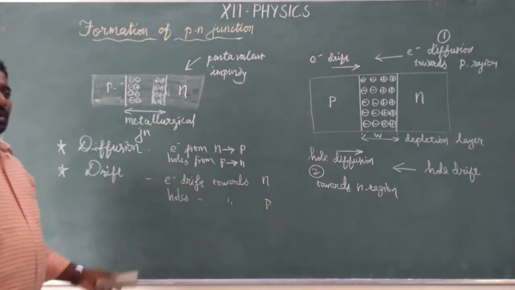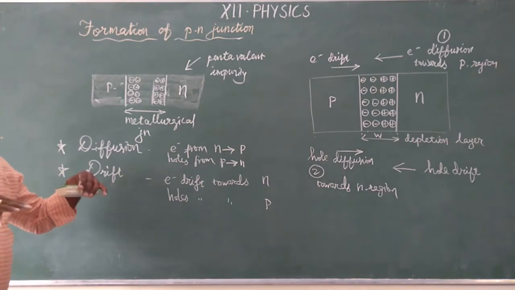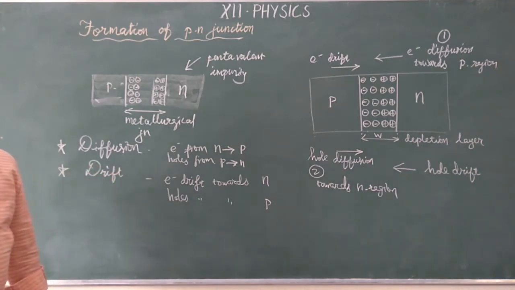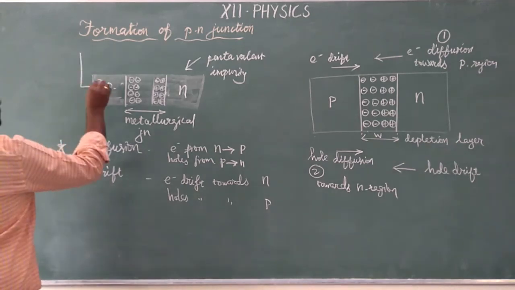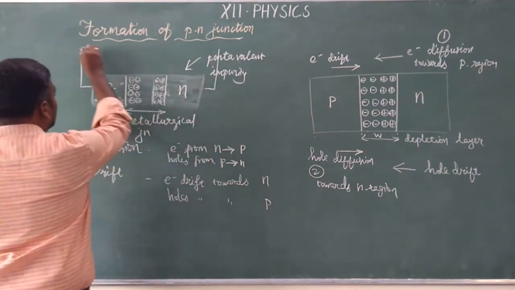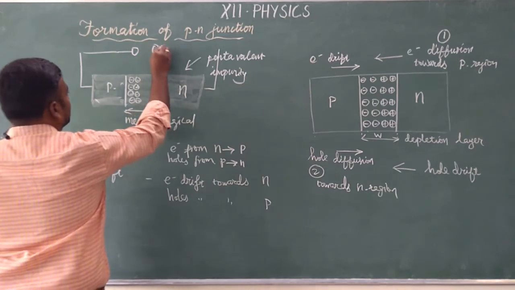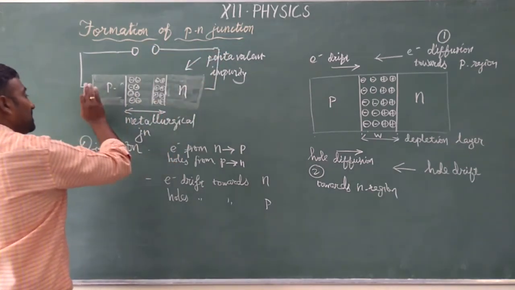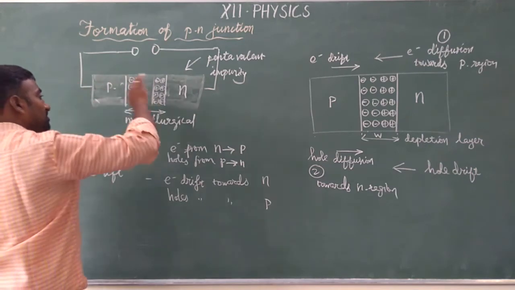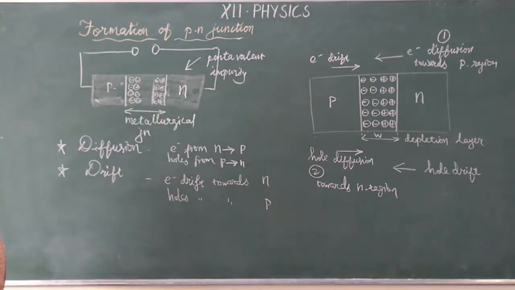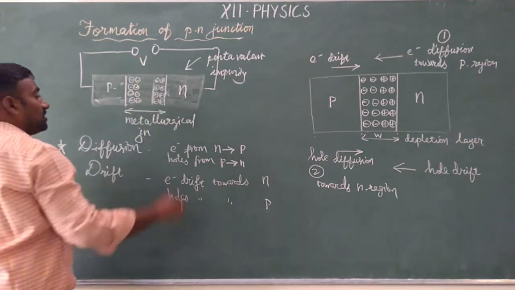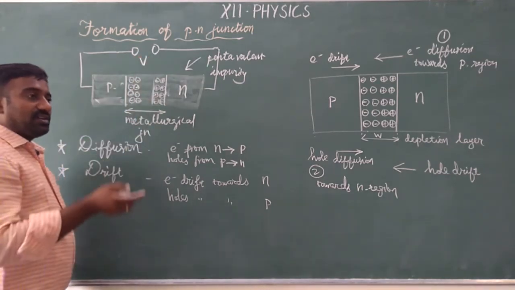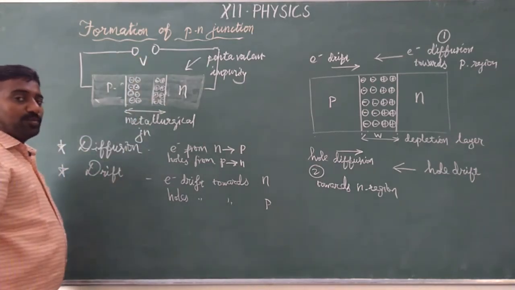So under equilibrium, the number of electrons and the number of holes will be equal. So we need to supply the external potential. If you supply the external potential, that will maintain the movement of electrons further from the n region to the p region, and the holes from the p region to the n region. So an external voltage is required to maintain the electron movement or the hole movement.